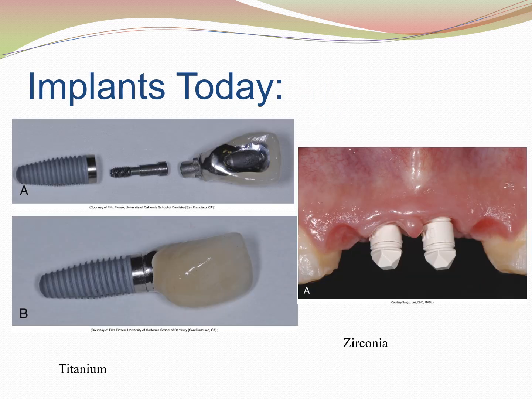And these are images of what we see more used today, our type of implants. Here is our implant, our endosteal implant that's mainly made from titanium. And then here is our screw or our abutment that's going to anchor it. And then here's your crown that attaches to that.